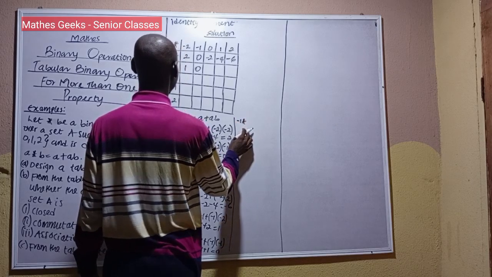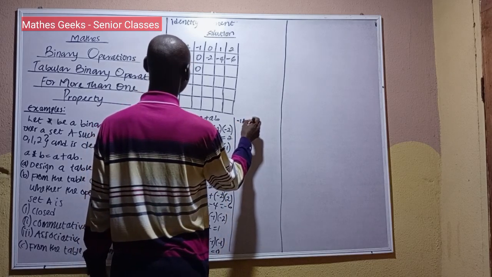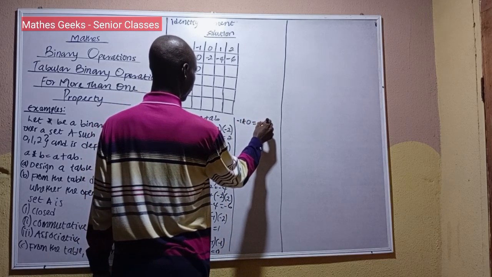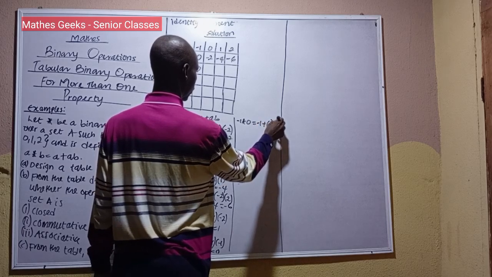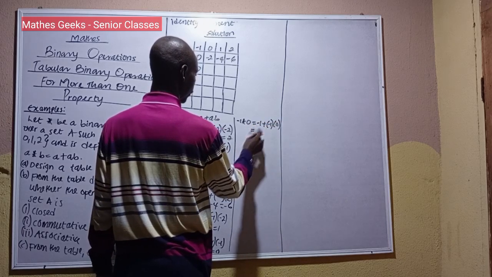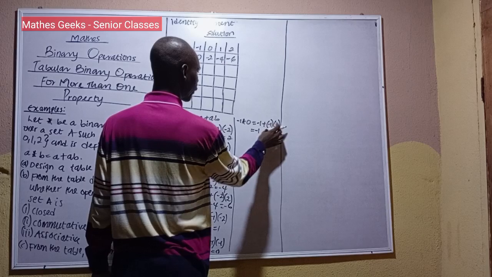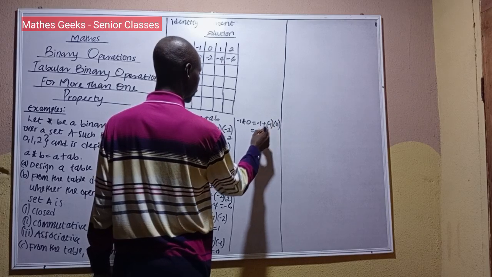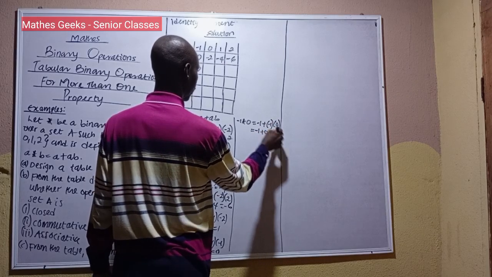-1 operation 0: -1 plus 0, plus -1 times 0 which is 0, equal to -1.